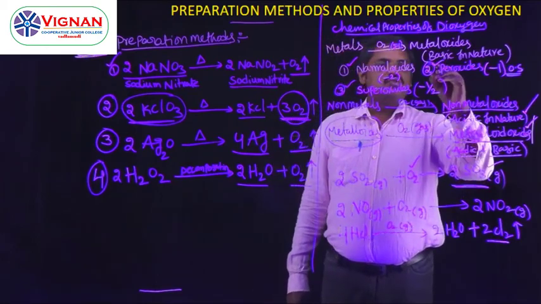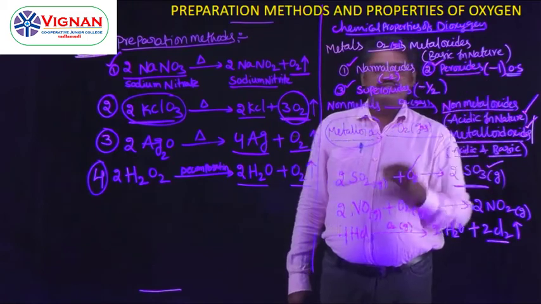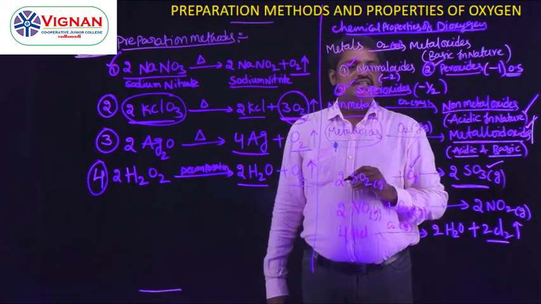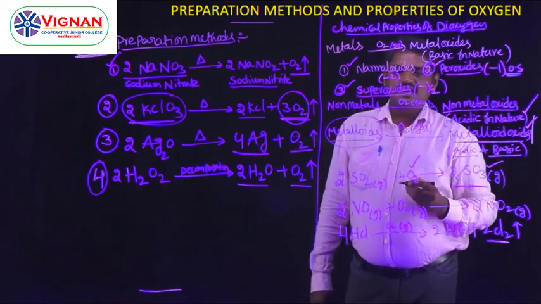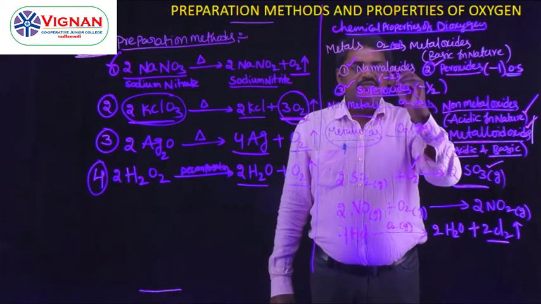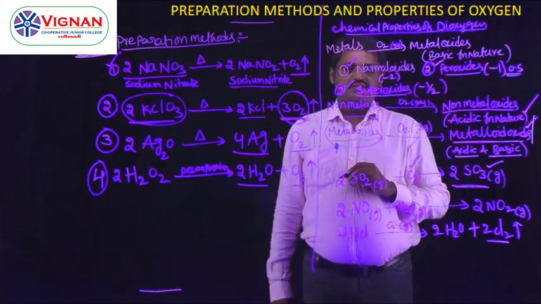Sodium and potassium react with oxygen to produce peroxides. And cesium, the last element in group 1A, reacts with oxygen to produce superoxides. All are metal oxides, but what is the difference between normal oxides, peroxides and superoxides?